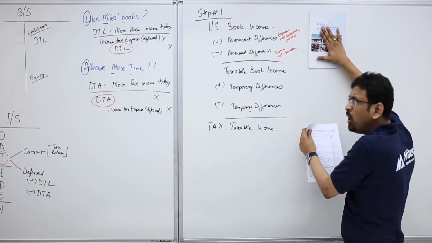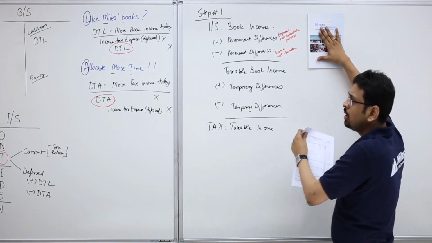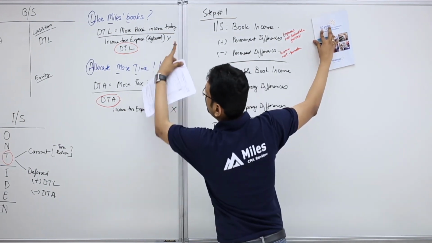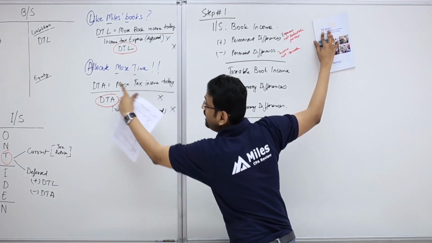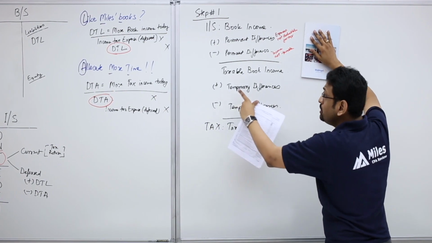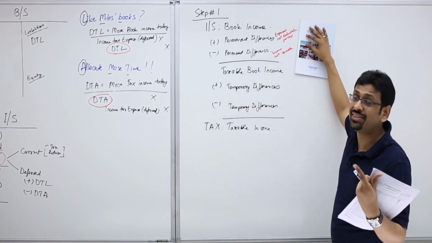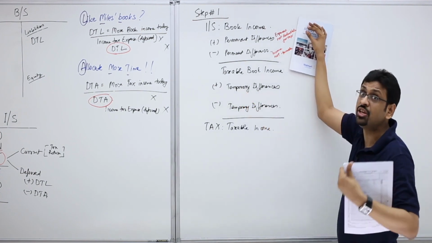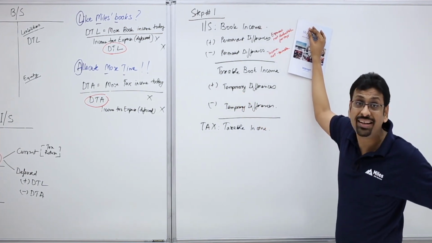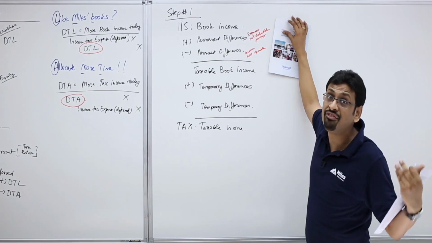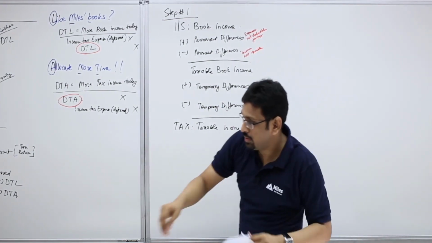That means more tax income today. Guys, more tax income today, that's your deferred tax asset. So this temporary difference would create a deferred tax asset. We're going to multiply this temporary difference by the future enacted tax rate and calculate the deferred tax asset.